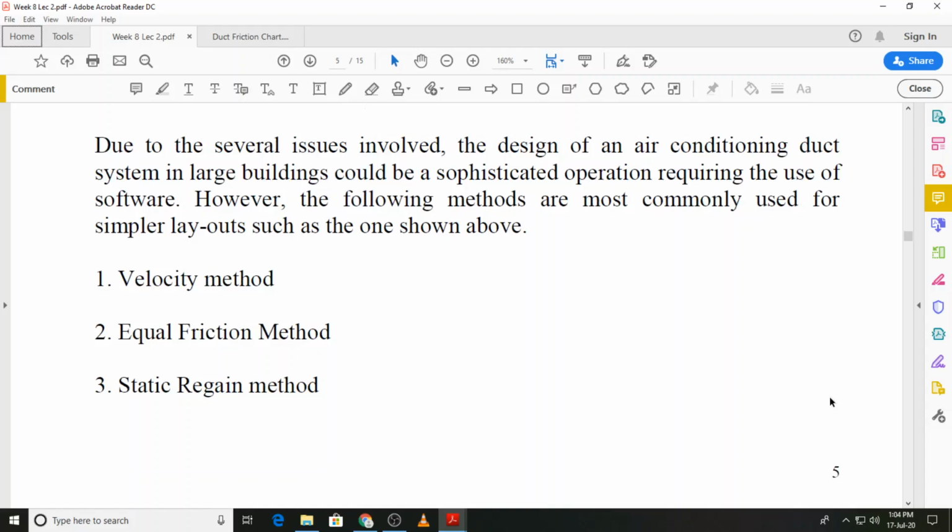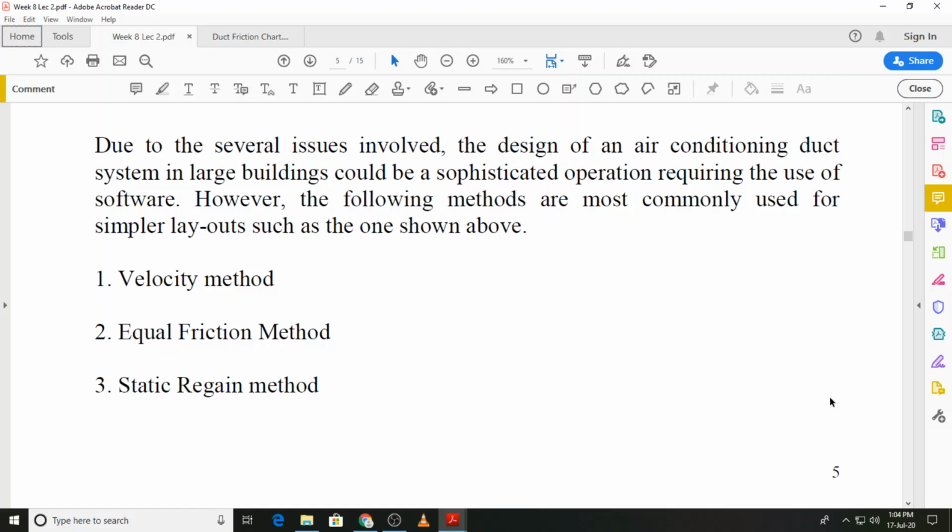When we look at a large project, the duct layouts are quite complex, and nowadays we quite commonly use software for designing the duct systems.